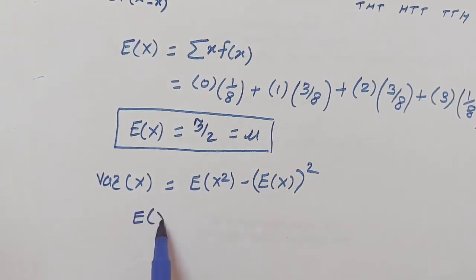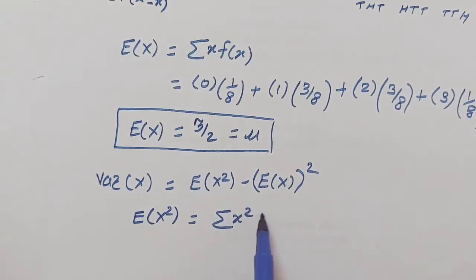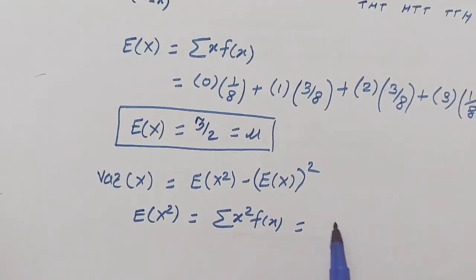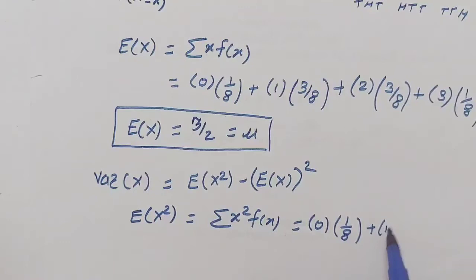For expectation of x square, it is a summation x square into f of x. If we put the values of the random variable one by one, the first value is 0 and the corresponding probability is 1/8. Second is 1 and the corresponding probability is 3/8.